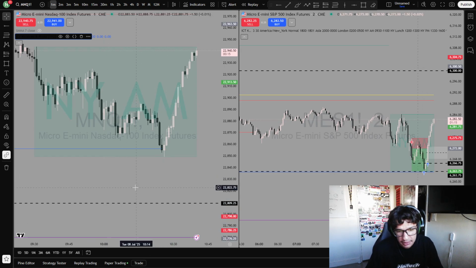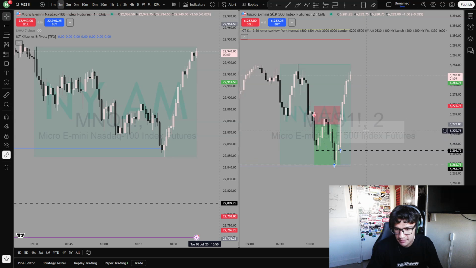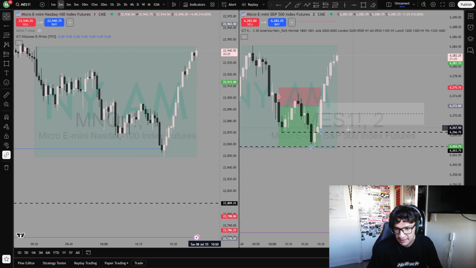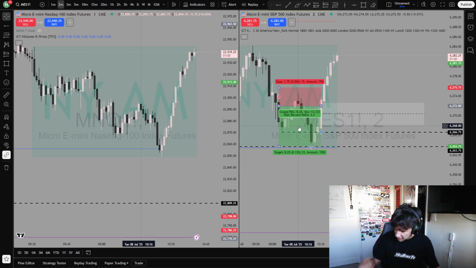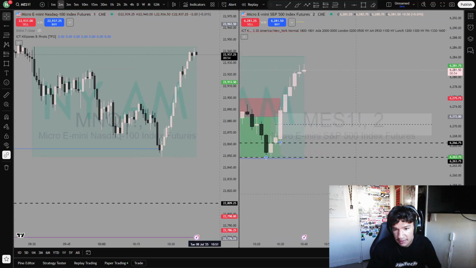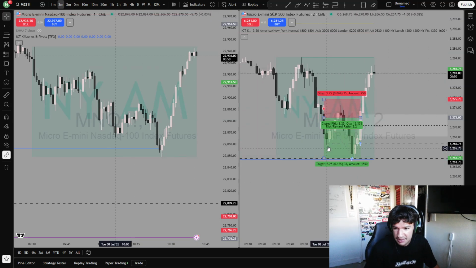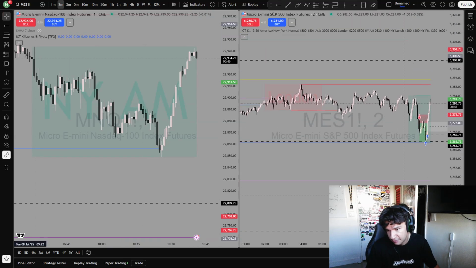I think I made 160 on this one, with just partials, and then obviously my trailed stop loss was at 5 ticks in profit, so it's not like I made a ton of profit off that. But I just wanted to get out in the green. I wanted to see a complete downtrend all day, a free fall downtrend.